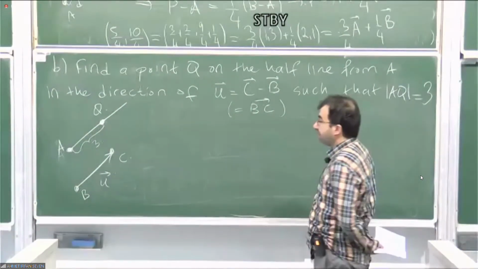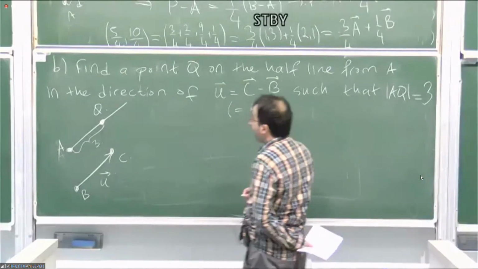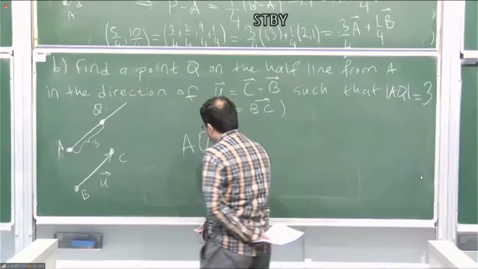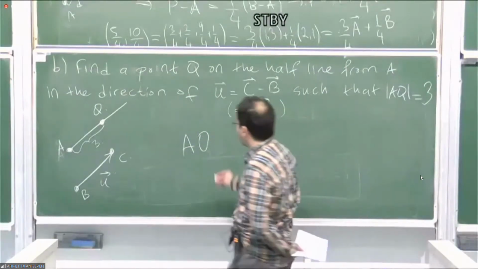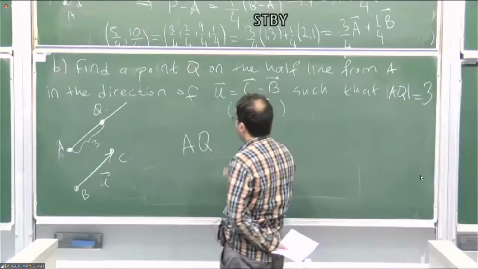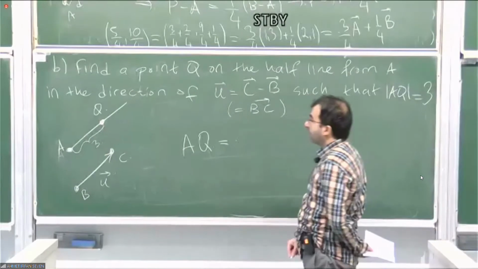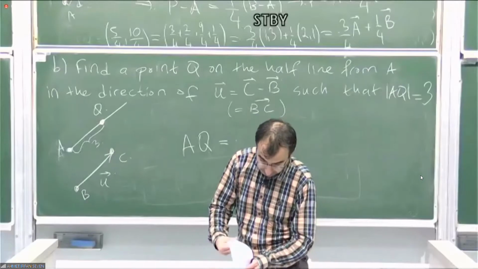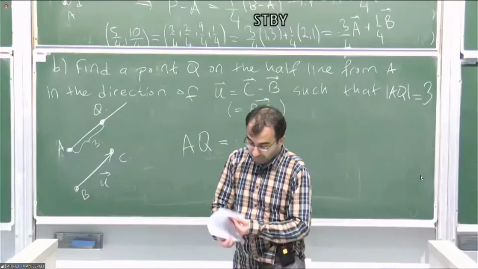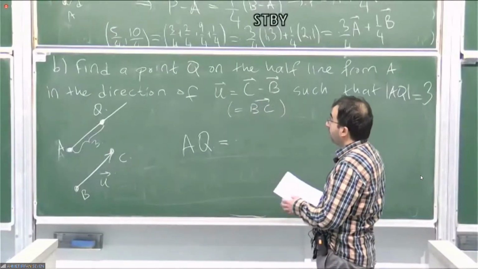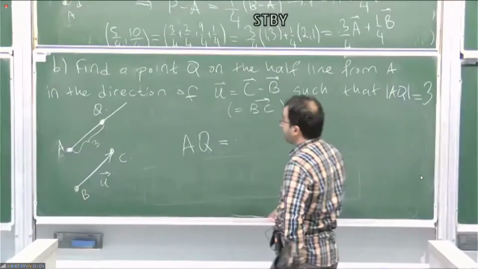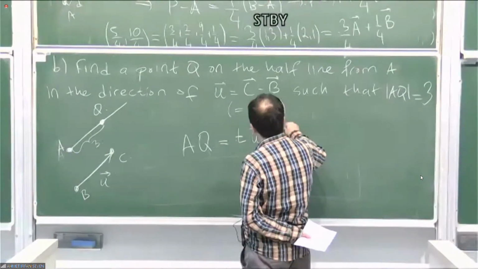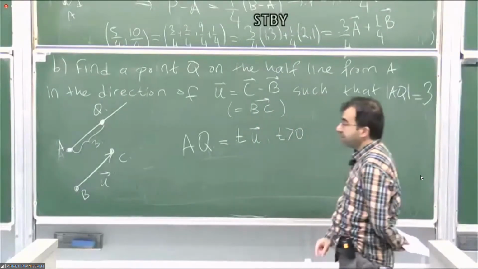All right, so let's write this equation. I consider AQ. This is such a point that it will be in the direction of U, so it will be T times U. However, T must be positive because it is in the direction.